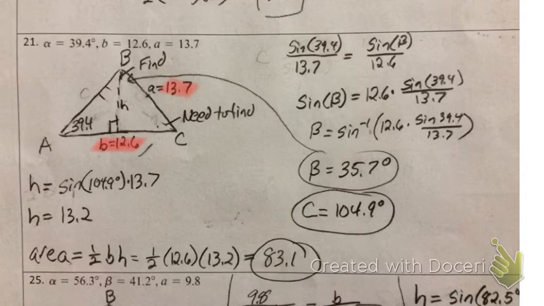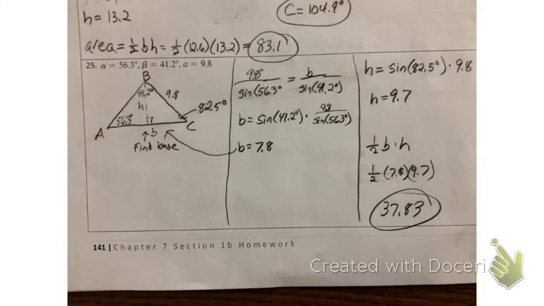So 25 isn't that bad of a problem as long as you picked the right height and drew it. I drew my height right here, through B, and I picked B primarily because I can easily find angle C, because I was given these two angles, so I found this one, and I had the hypotenuse for it.